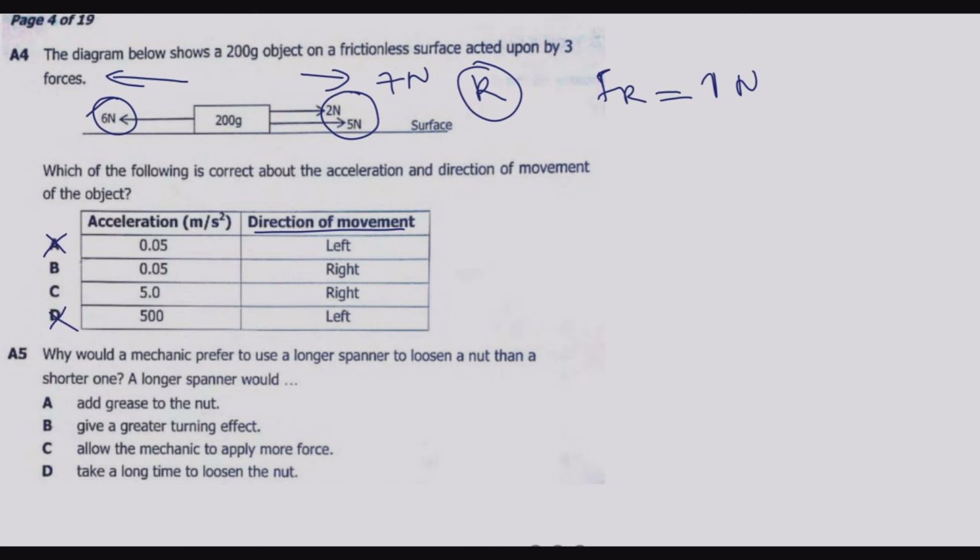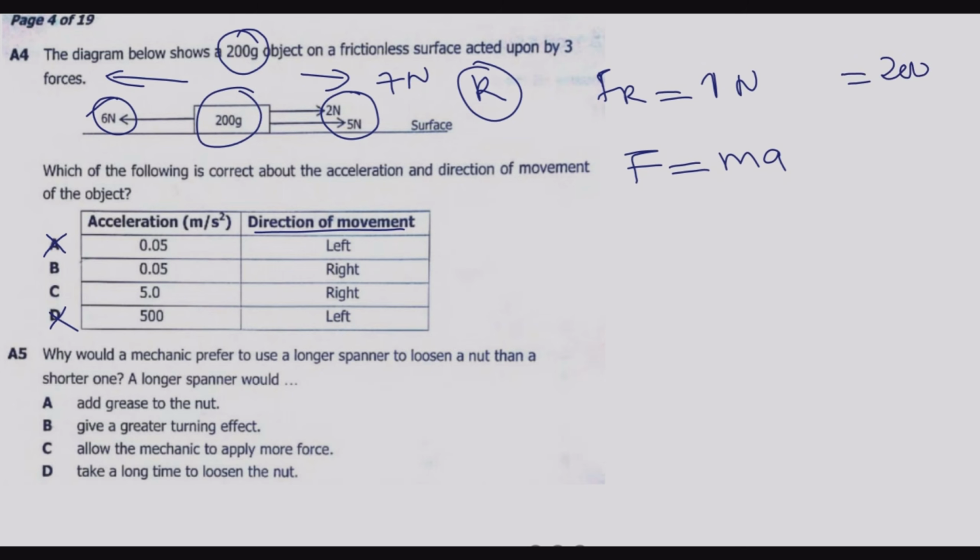Now we are also required to find acceleration, but we know that force is equal to mass times acceleration. What's the mass? It is 200 grams. Now the mass needs to be in kg. We know that in 1 kg we have 1000 grams. So to convert this to kg, we divide by 1000.